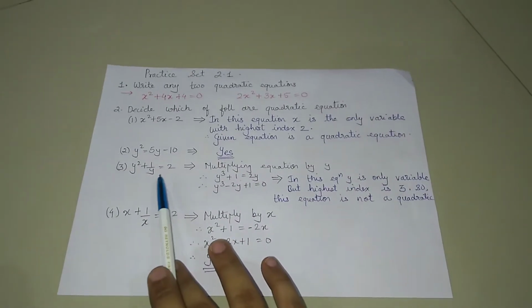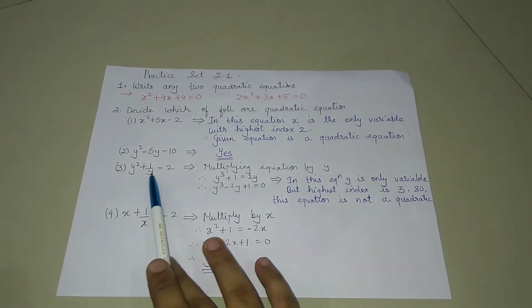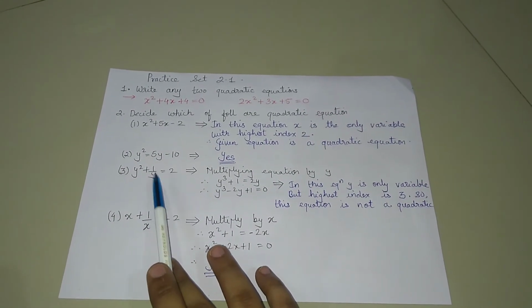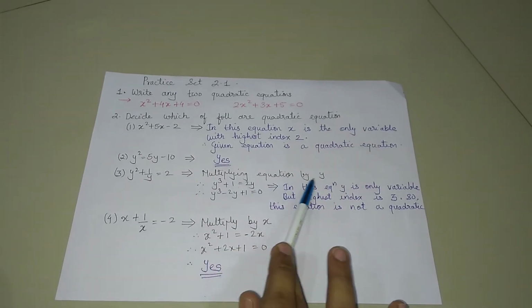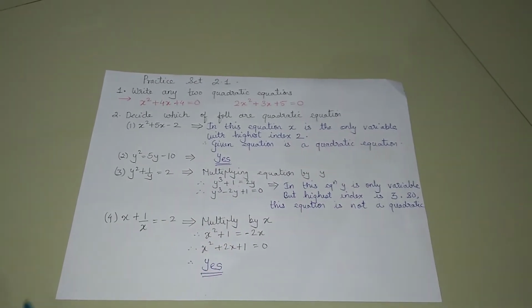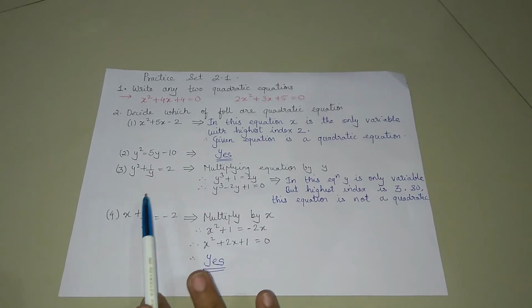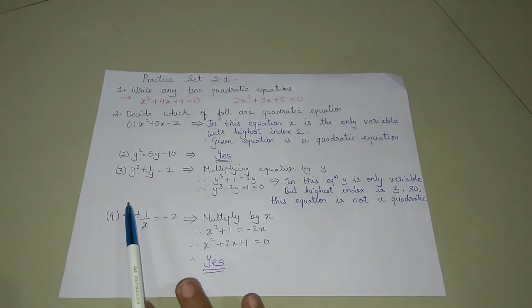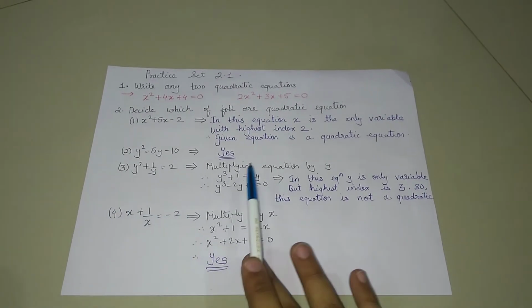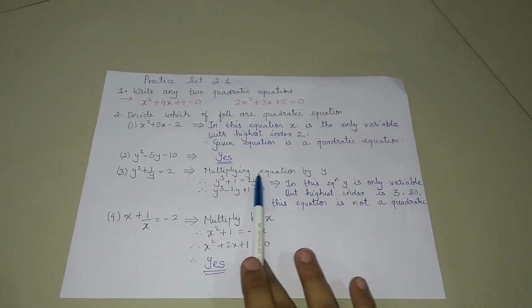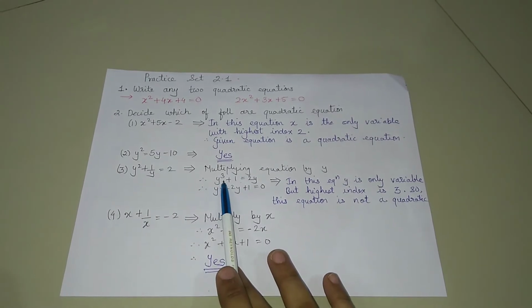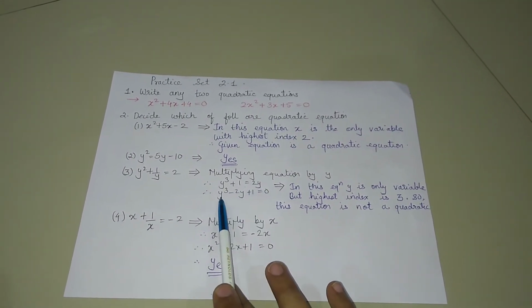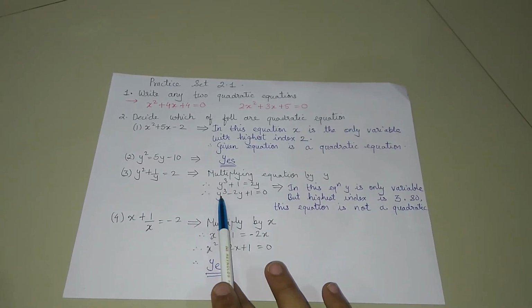Now coming to the next, y square plus 1 upon y equals 2. First of all you have to simplify this. How will we simplify? Multiply the equation by y. Guys, these types of sums can come in the exam for 1 mark, so you should practice this also. After multiplying the equation by y, we get y cube plus 1 equals 2y.